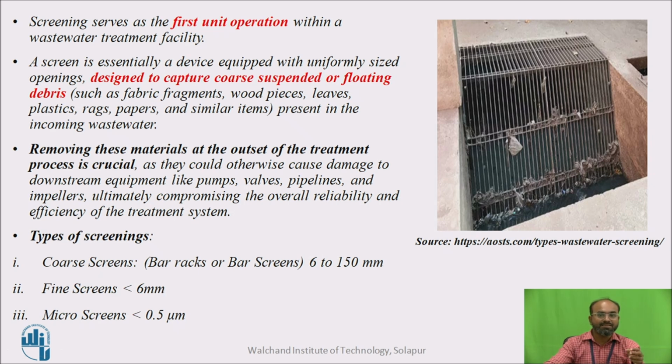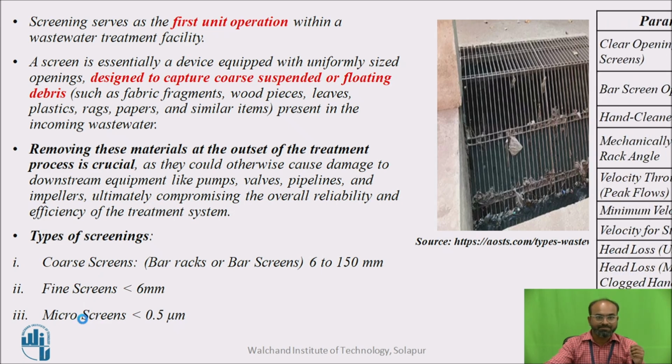So particles greater than 6 mm can be removed in coarse screens, and if they are smaller than 6 mm, they can be removed by fine screens. But if I need to remove even smaller particles, like 0.5 micrometer, I can go with micro screens. So when I divide the screens, it is coarse screens, fine screens, and after that micro screens.